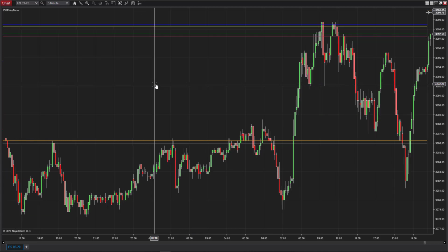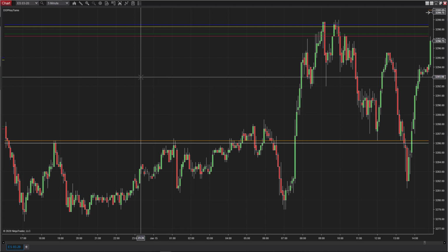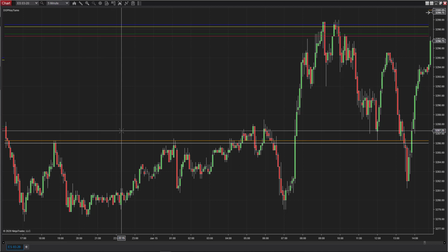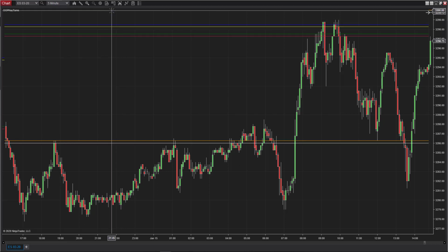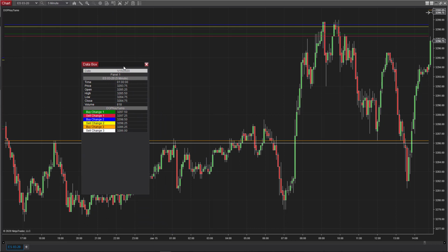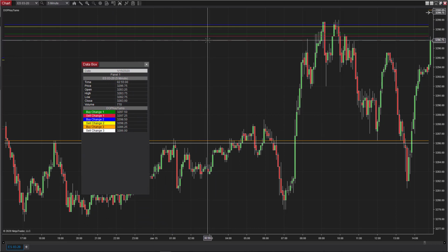A couple of things about key turns, especially having three separate ones in your chart, and I'll talk about the other two in a second: you can go up here to this little magnifying glass where it says show data box. This will open up and you can actually see these values. The red and green on this day was 32.97.25, and obviously 0.5 for the upper one.